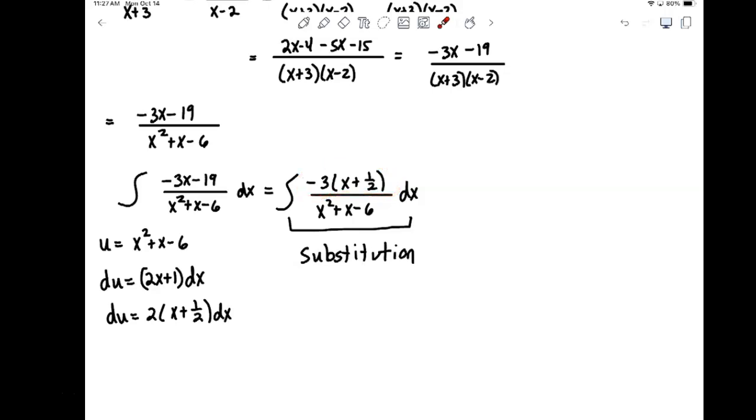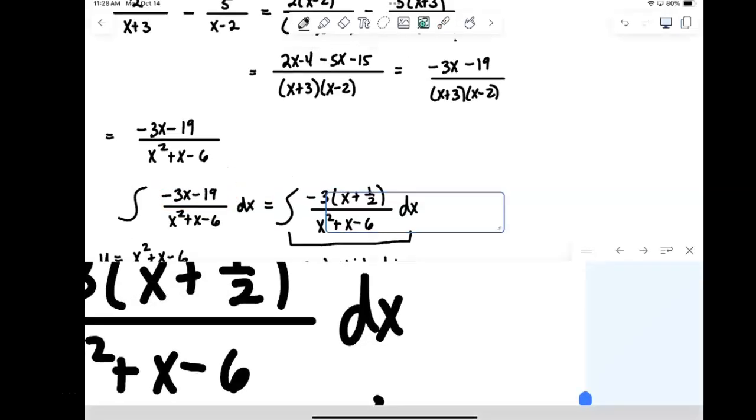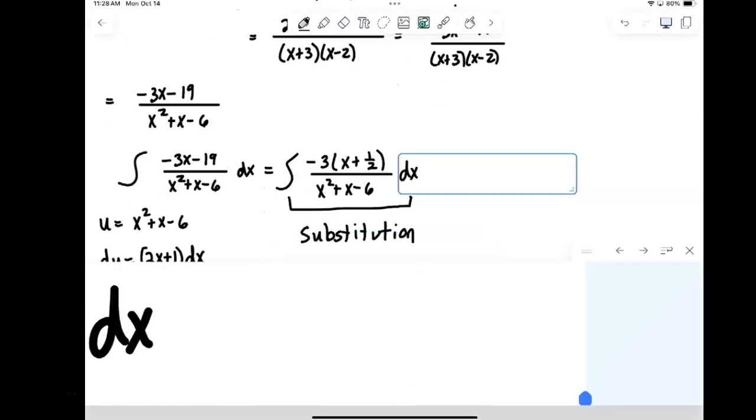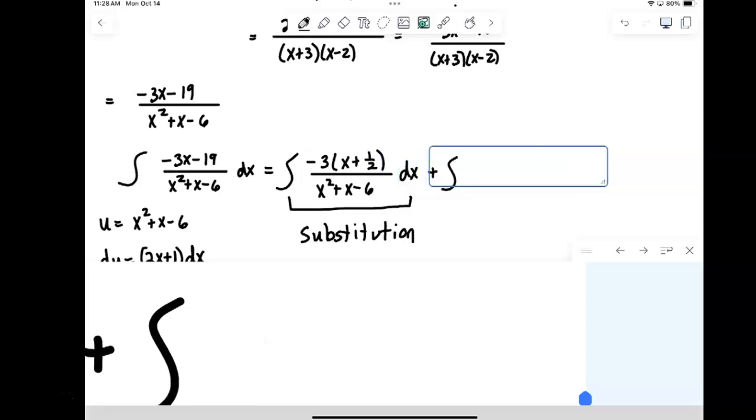Okay, so what I've used here to form the minus 3 times x plus 1/2 is I've used my minus 3x. I've also included a minus 3/2 that wasn't present in the original numerator. So that's the first part of it. And then you would have a second integral, which will involve that minus 19 that's left over.